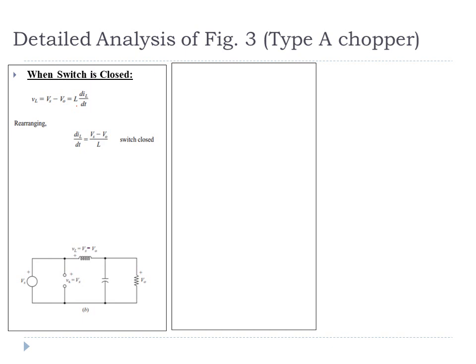How can we further find this dIL upon dt? It is change in IL upon change in t. The change in t is nothing but the time for which the switch is on, which is T on. This T on can be written in terms of duty cycle as D into T. So equating these two, delta IL upon dt equals Vs minus V naught upon L. I can find delta IL closed equal to Vs minus V naught upon L into dt.